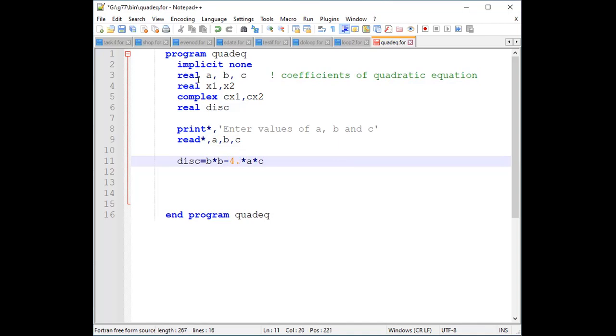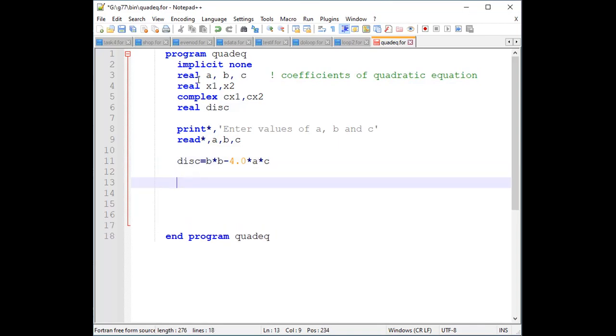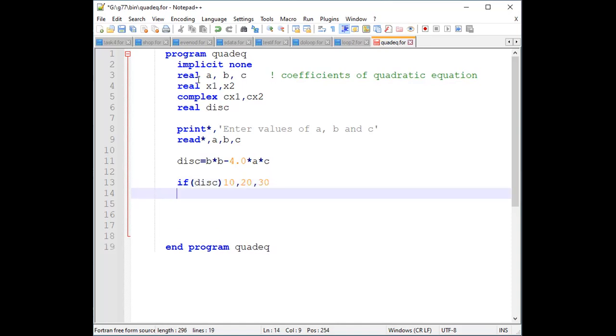So the mode is not going to be changed. So let's write 4.0. Now with the discriminant value, we are going for a decision. So I would write if discriminant, and I'm going to use labels 10, 20, 30, right? So here is 10. The first block, value is negative.